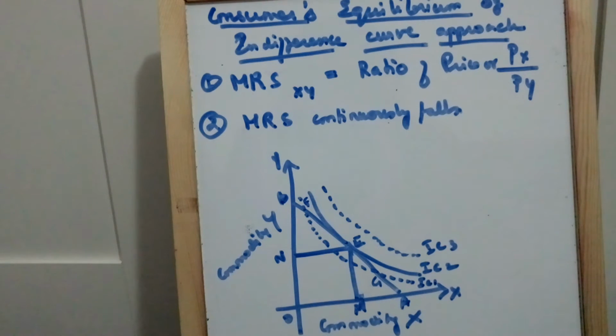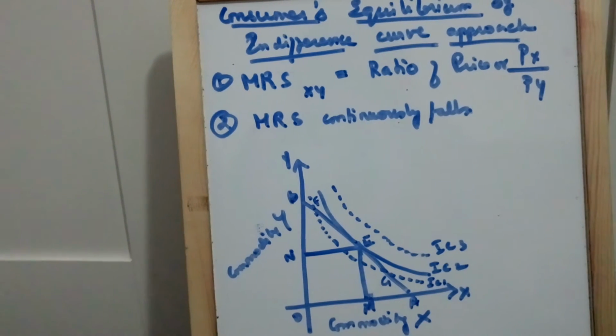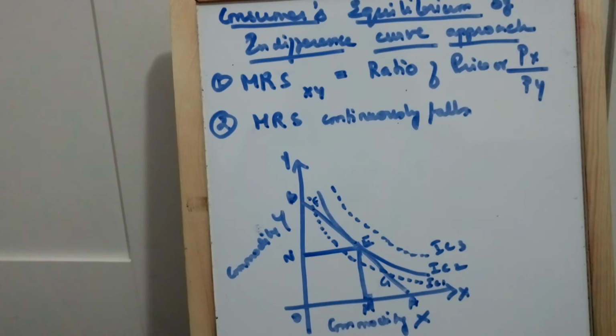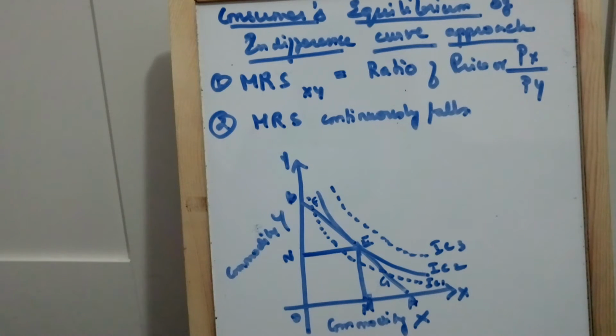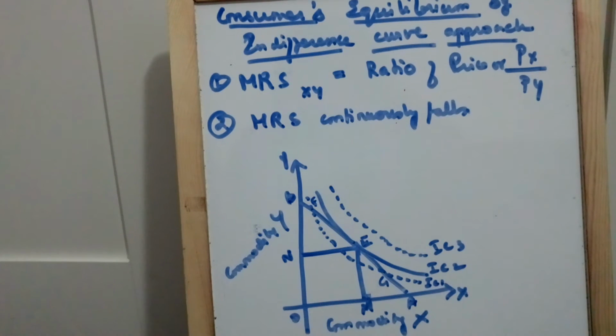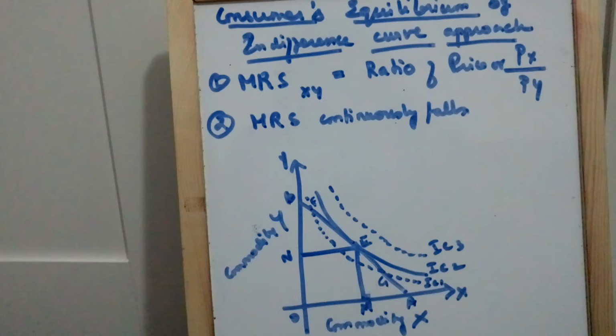If MRS of XY is greater than the price ratio, the consumer will be willing to sacrifice more units of Y to get one more unit of X. So it will induce the consumer to buy more of X. So MRS falls and continues to fall till it becomes equal to the ratio of prices and the equilibrium is established.